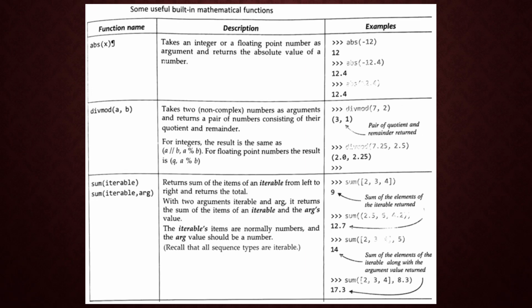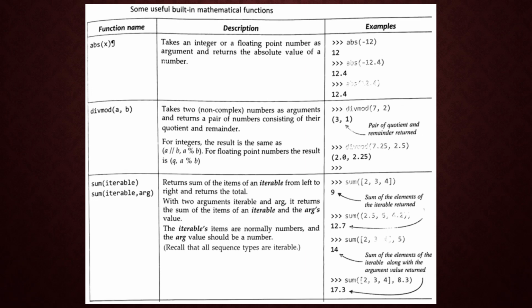For integers, the result is the same as a // b, a % b. For floating point numbers, the first one is the quotient. Here, for integers, a floor division b gives the quotient without the fractional part, and a % b gives the remainder.